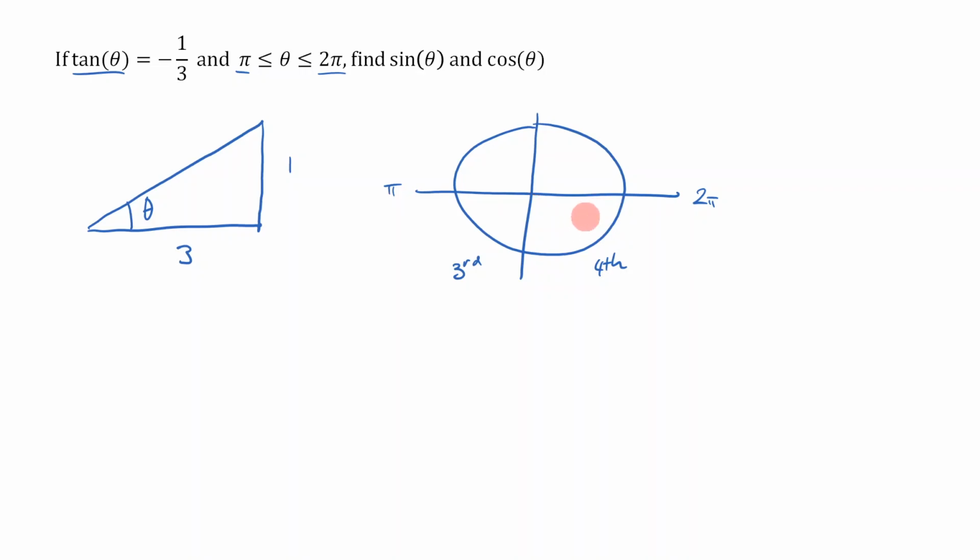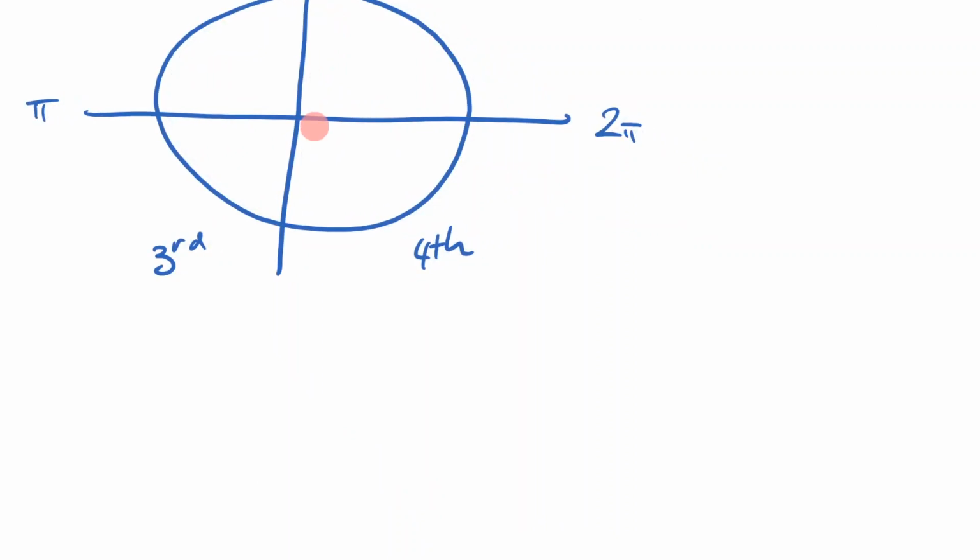If we zoom in here, we've got some angle there. I'm going to have this, which is going to be my sine value, and I'm going to have this, which is going to be my cos value. Do we see that my sine value is obviously going to be negative?